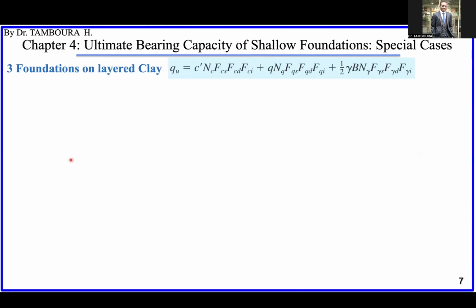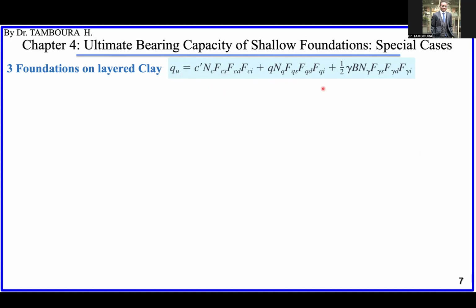Before we start, I would like to remind you of this formula we have been using so far. This is the general equation of bearing capacity of shallow foundations, including all the factors: shape factor, depth factor, inclination factor.